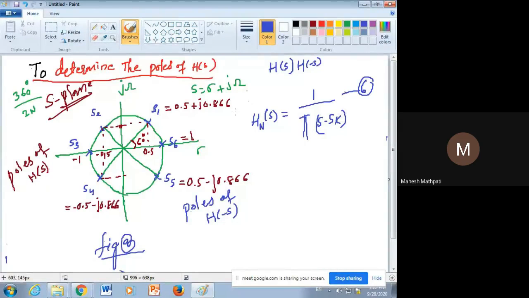Or else this equals 1 divided by, let me tell you what the difference will be now: Bn of s, 1 divided by Bn of s.